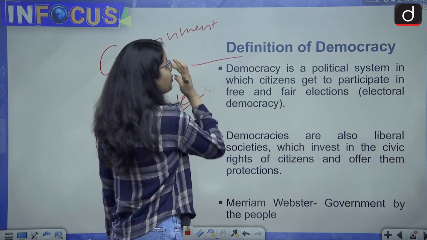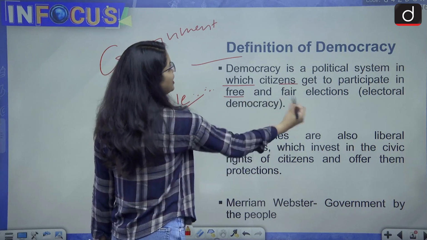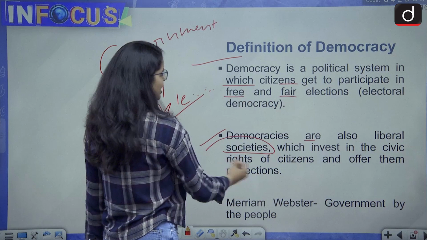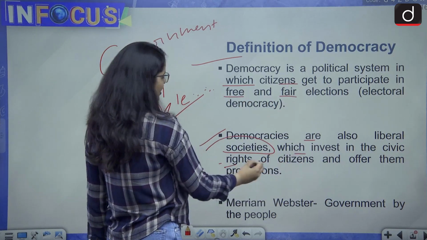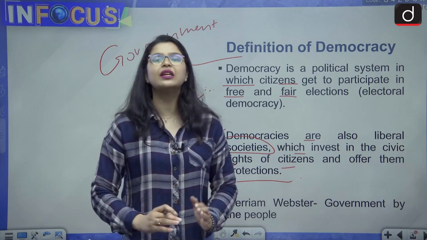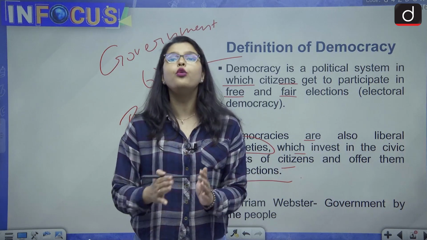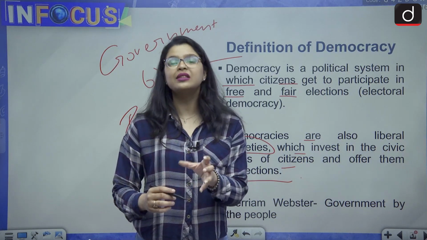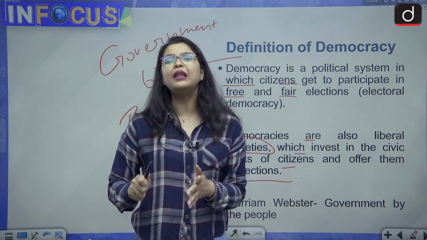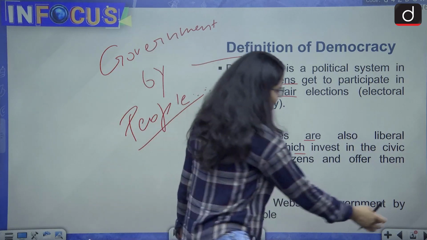So democracy is a political system in which citizens get to participate in free and fair elections. And democracies are also liberal societies which invest in the civic rights of citizens and offer them various kinds of protections, various kinds of fundamental rights. So very simply understood, as it is said for India, it is a government of the people, by the people, and for the people. Moving forward.